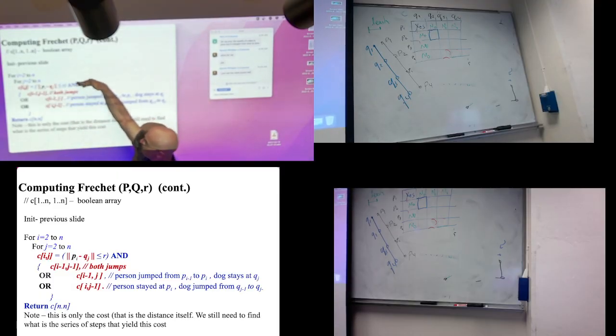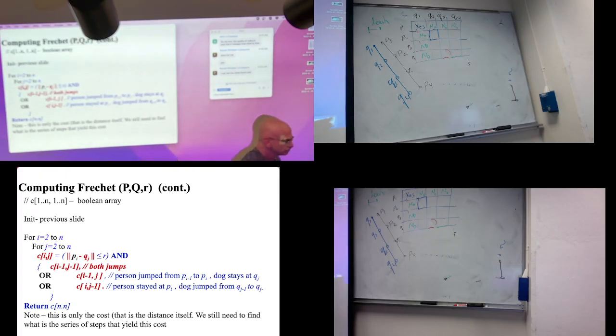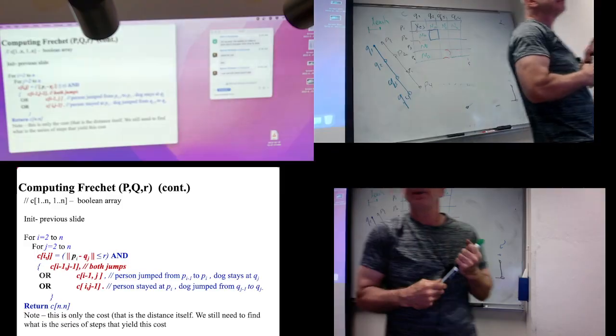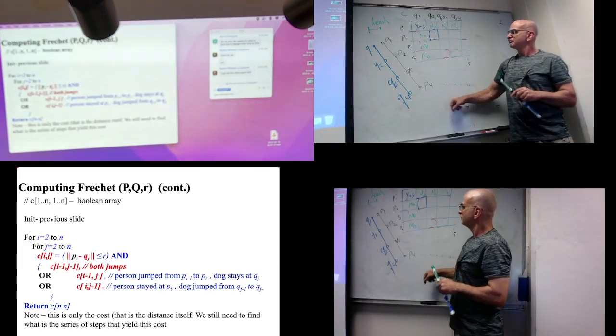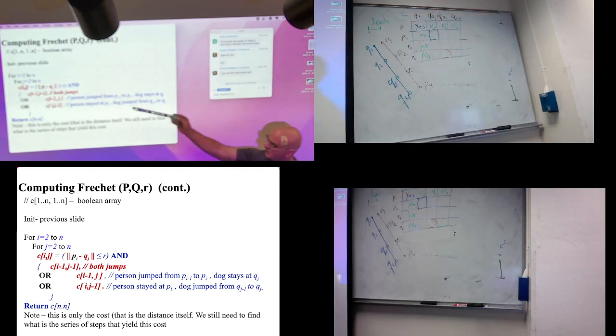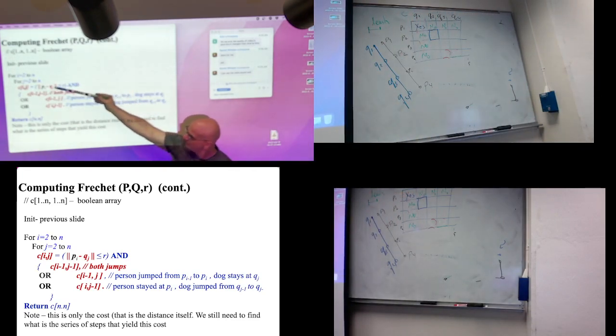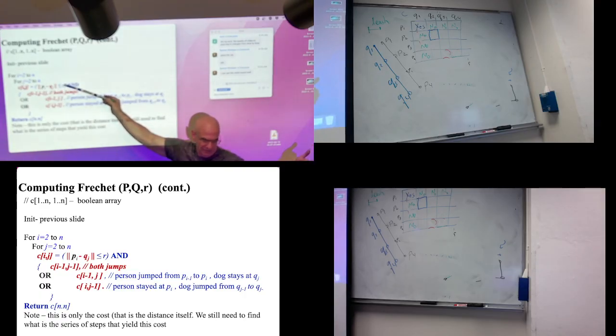Now, what about the next condition? There are two conditions that should happen. True or false? I'm checking the second condition. P2 minus Q2 is less than R on my drawing.